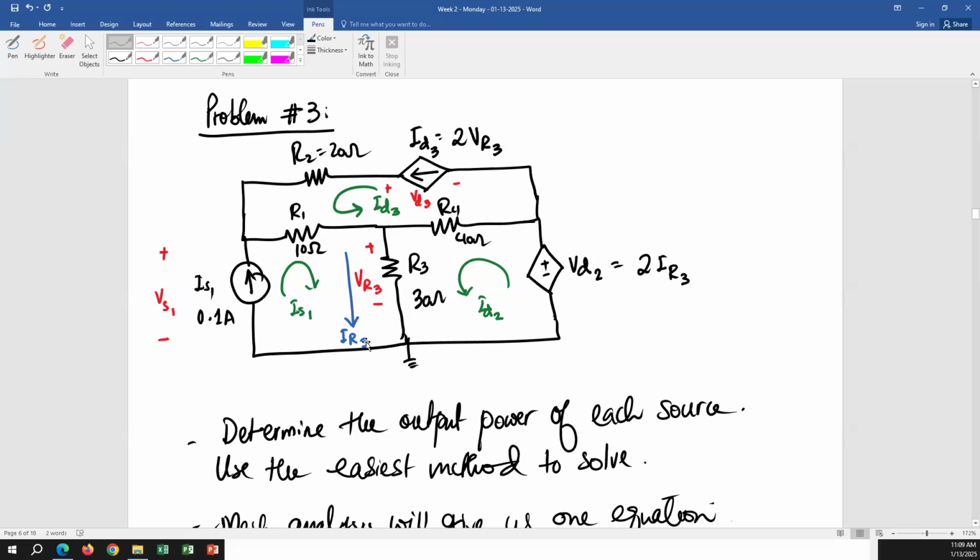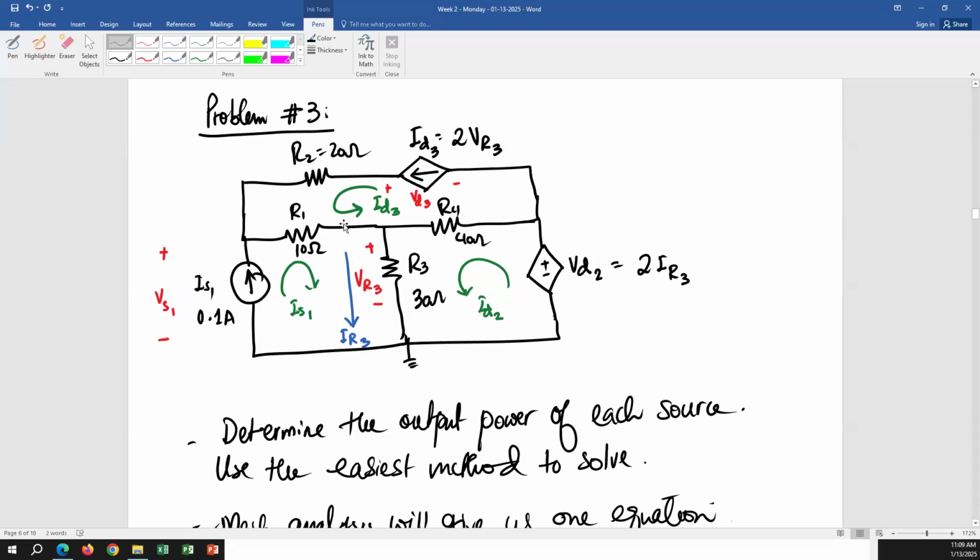So let's do that. What will be the voltage at this node right here? What is VR3? IR3 times R3, and IR3 of course is IS1 plus ID2. And then what is the voltage across R1? No, not negative, because both currents are flowing through R1 in this direction.